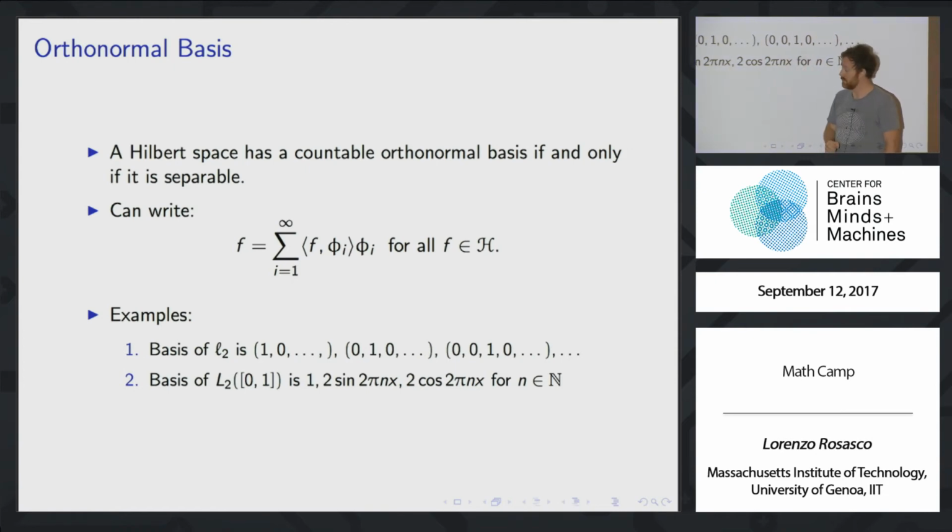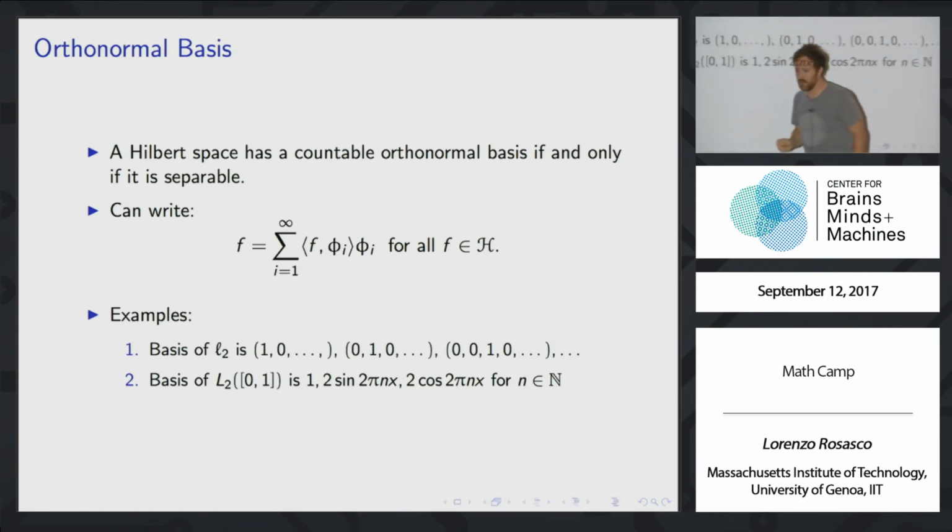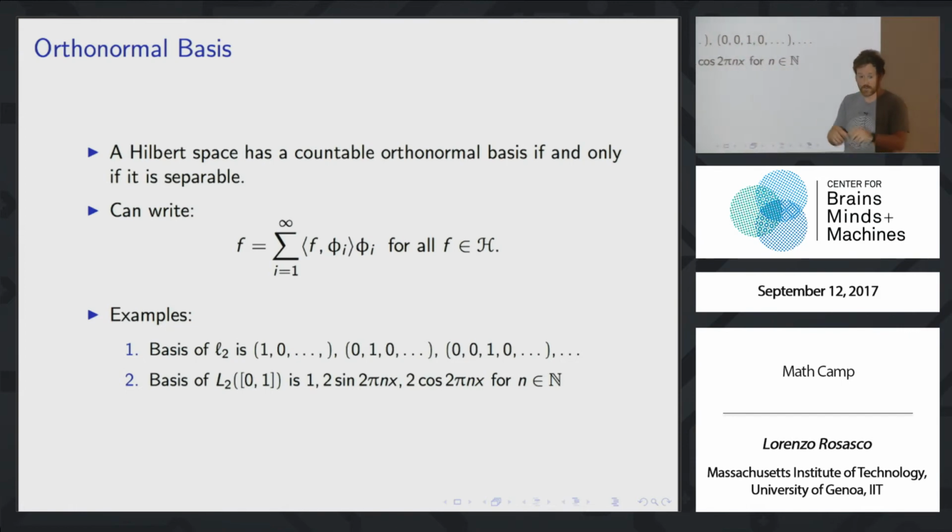It's clearly orthonormal. Then we're going to consider this as the prototype example of an orthonormal basis in L2. If you take L2 not on the real line, but just on [0,1], then you can use Fourier analysis and introduce sine and cosine and check that these are actually orthogonal in L2. If you take the inner product in L2, these are orthogonal and also normalized.